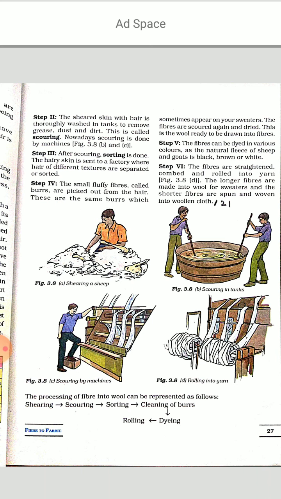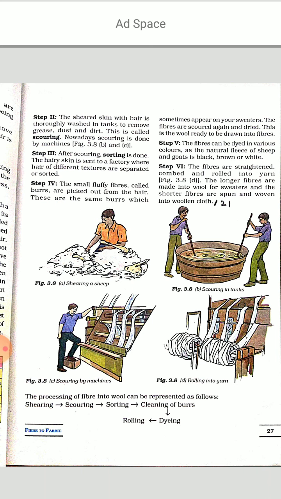Step 3. After scouring, sorting is done. The hairy skin is sent to the factory where hair of different texture is separated. So first shearing, then scouring, then sorting. Different varieties are separated. The small fluffy fibers called burrs are picked out from the hair.